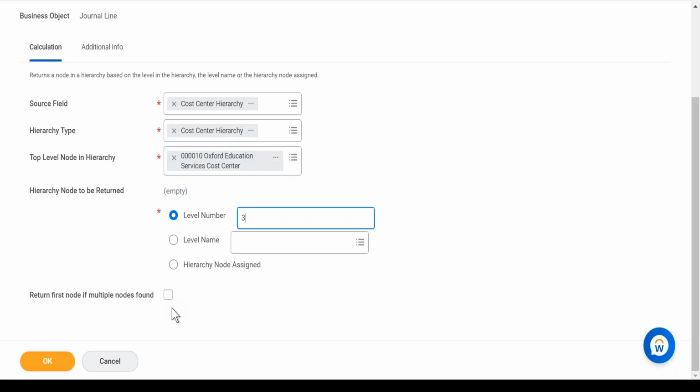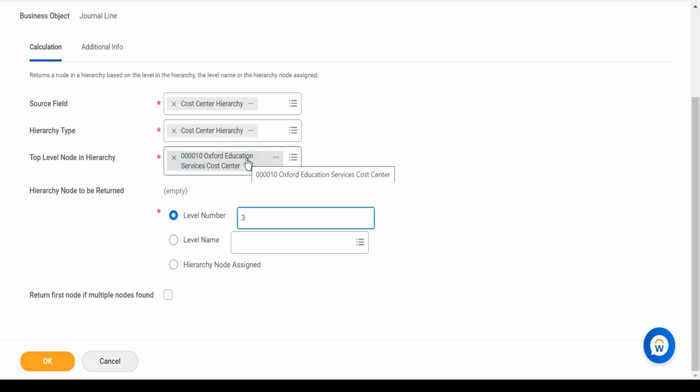Suppose Oxford Education Service Center is the name of the institution and also the name of the cost center hierarchy. Under Oxford there might be ABC college, XYZ college, and let's assume GHI. Now there are three nodes under this.